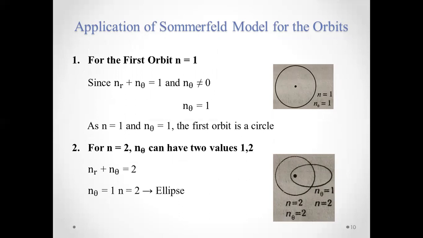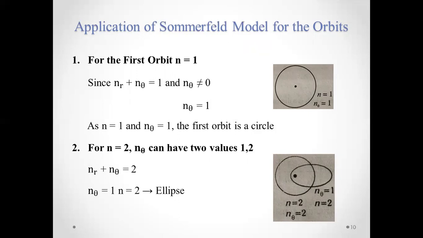Now, coming to the application of Sommerfeld model for the different orbits. For the first orbit, the principal quantum number n is equal to 1. We know the condition that nr plus n theta is equal to n, which means nr plus n theta is equal to 1.